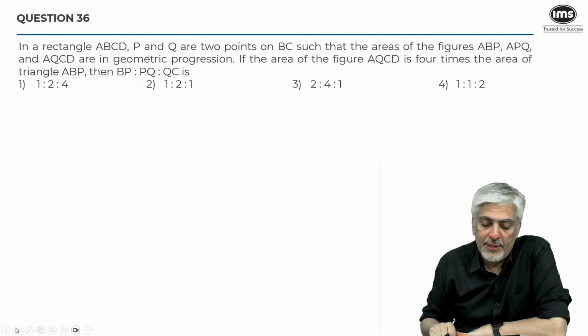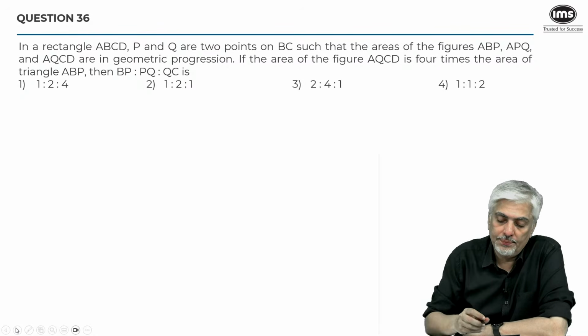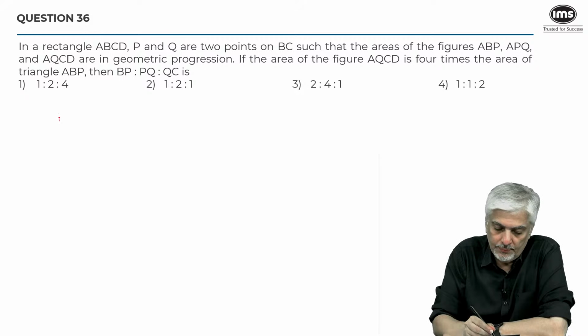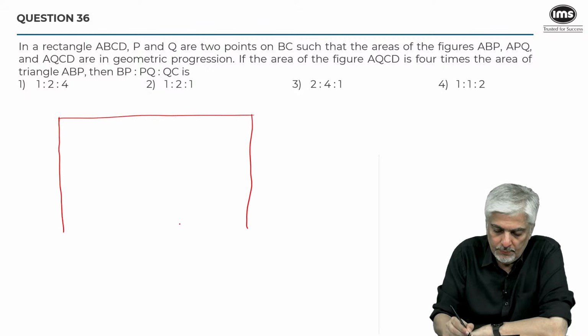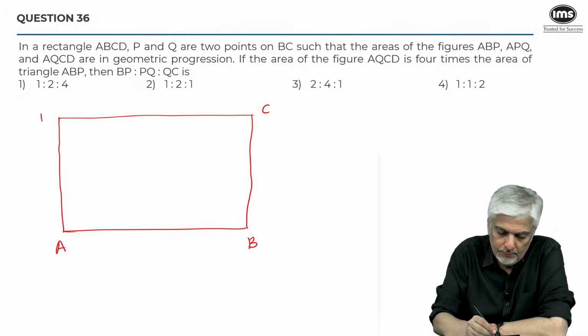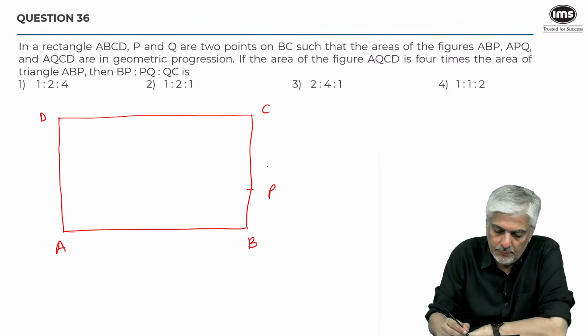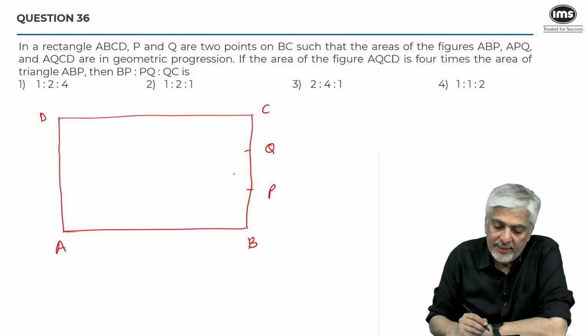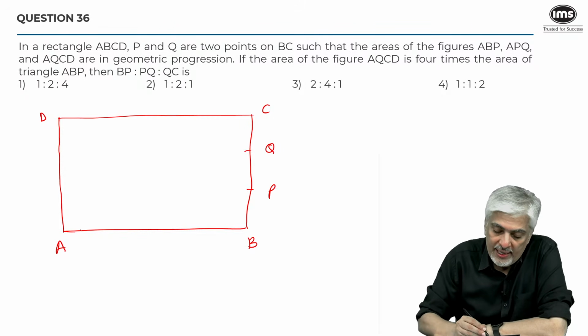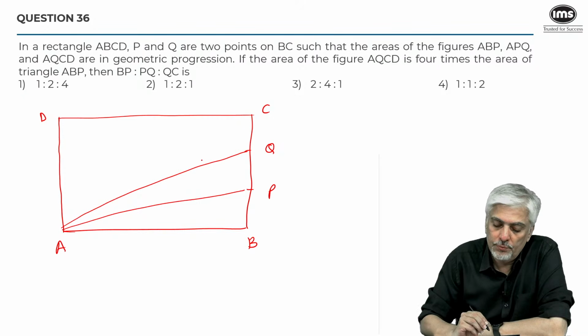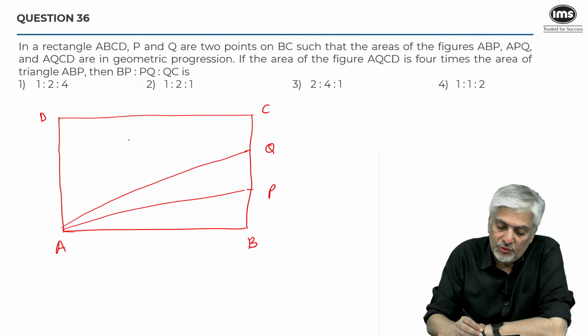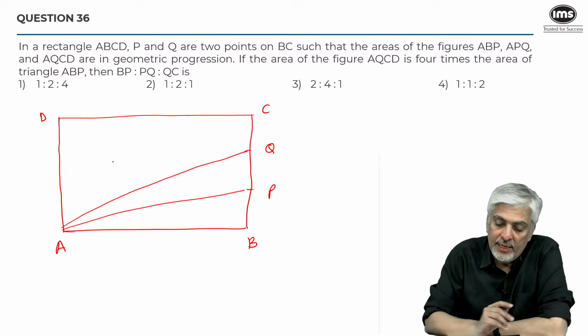Rectangle ABCD, P and Q are 2 points on BC, where the area of the triangle ABP, APQ and area of this trapezium are in GP.